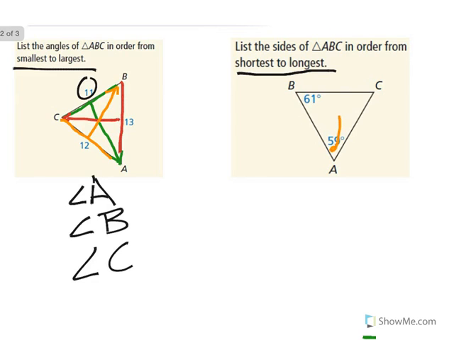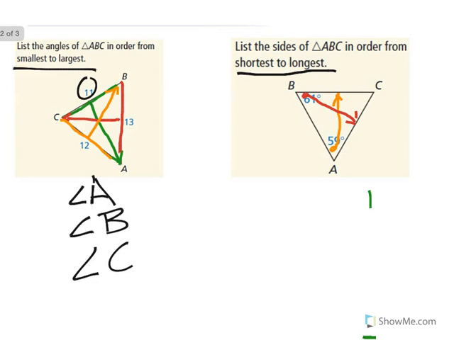Which one's directly across from it? It would go with side BC. Then we also know that angle B is 61 degrees, and it goes with side AC. Do we know the measure of angle C? No, but can we figure out the measure of angle C?